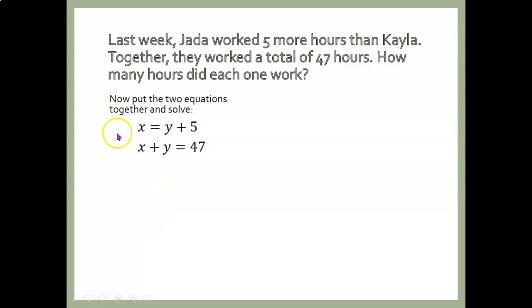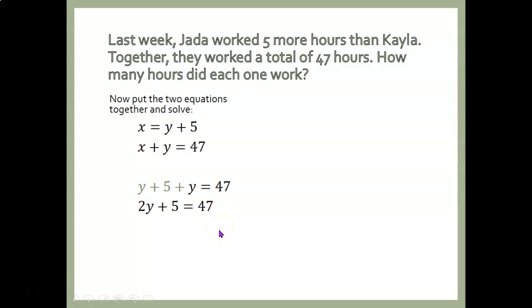And since one of these is already solved for X, it says X equals Y plus 5, seems like a good idea to do substitution, to substitute that in place of X in the other equation. So if I do that, it says Y plus 5 plus Y equals 47. Combining like terms, 2Y plus 5 equals 47.